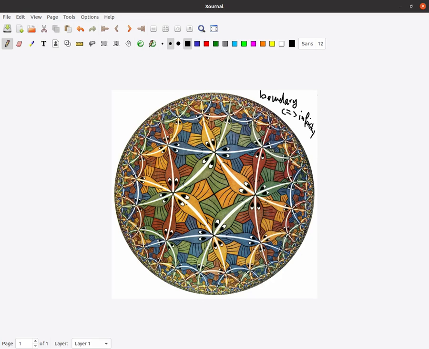Which means that all these fish that are depicted in the circle are actually all of the same size. It is just as they are going further and further away and approach infinity, they appear smaller and smaller. So you should visualize someone being near you, and as they walk away from you towards the horizon, they appear smaller and smaller. This is, in a sense, the horizon.